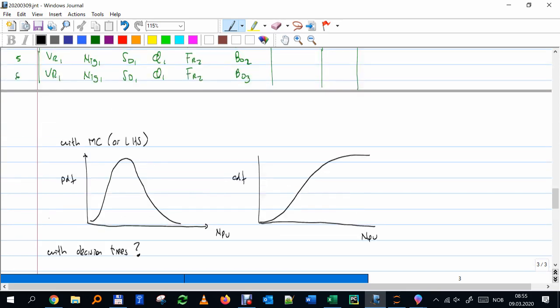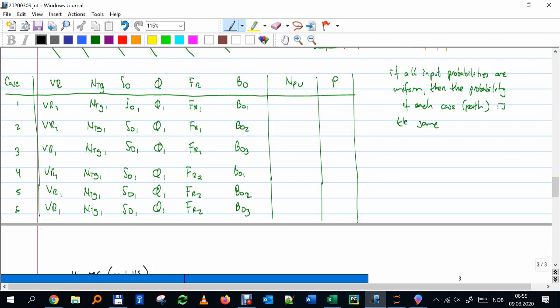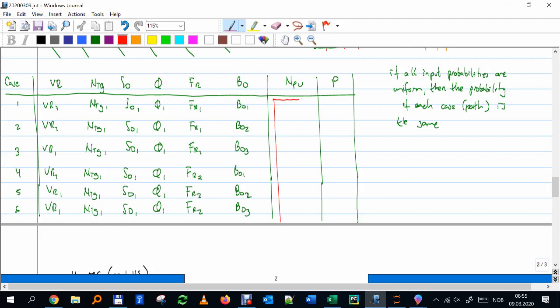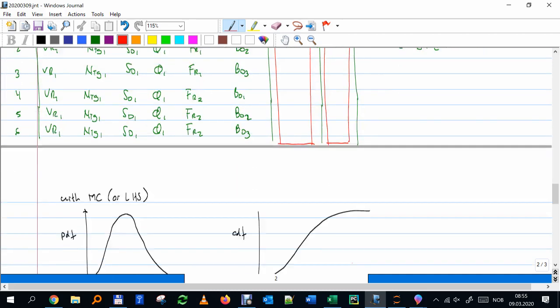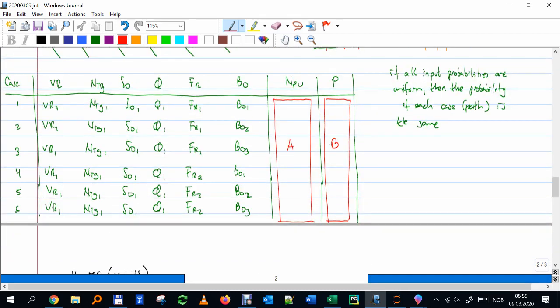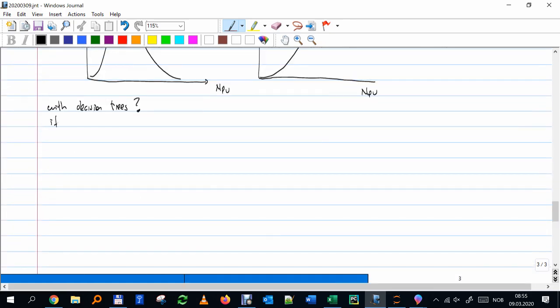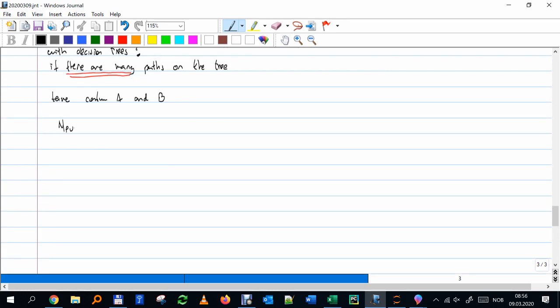One way I like to do it, which I think is a bit easier to understand: you take these results, these two, let's call it column A and column B. If there are many paths on the tree, then I take column A and B, NPV and the probability of each NPV.